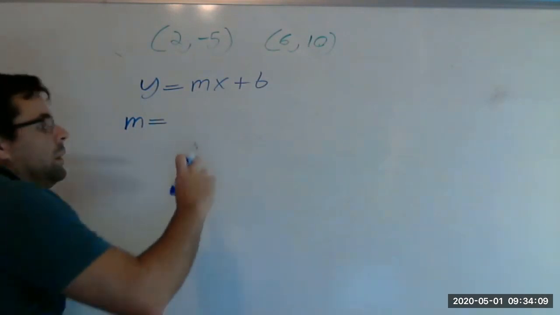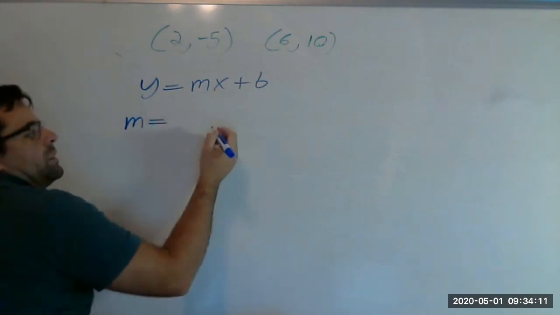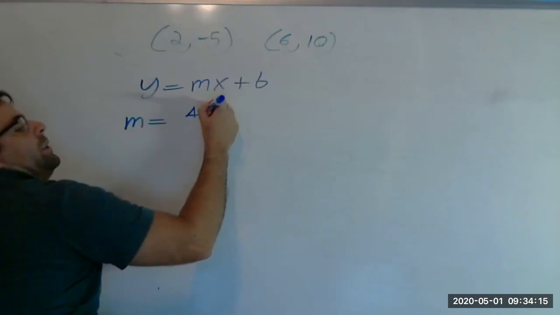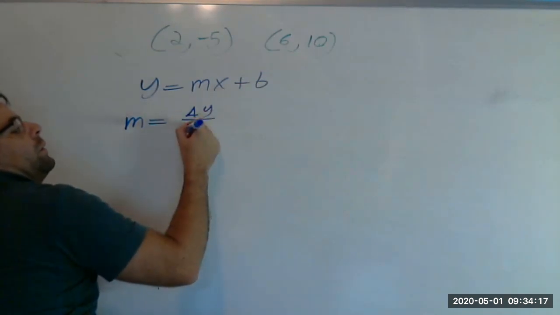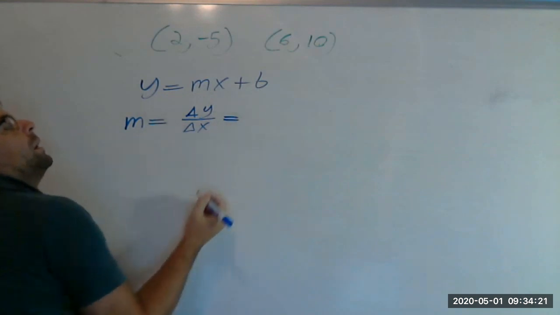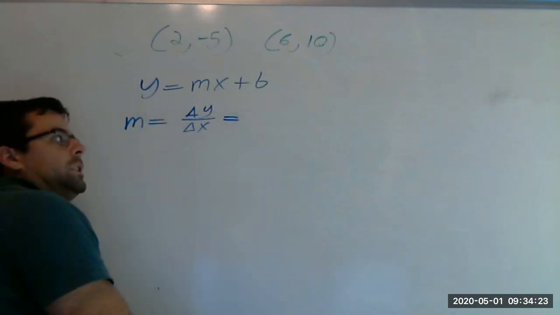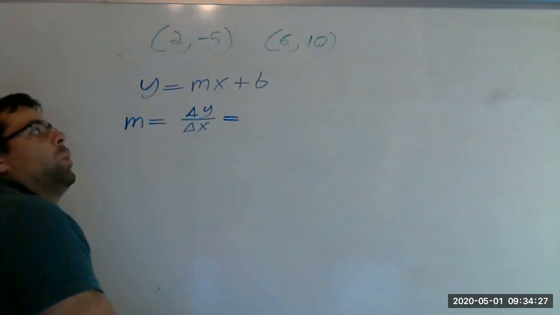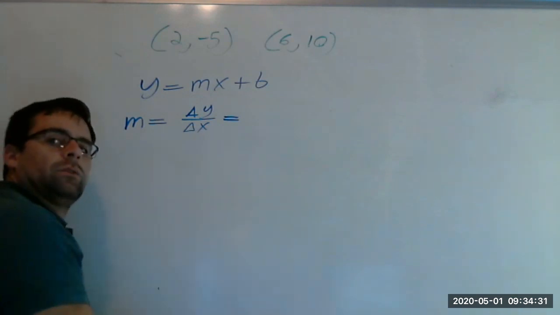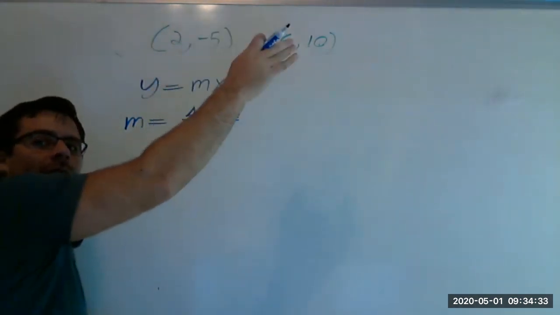So in the interest of time, M is the slope. So the slope is the change in the y over the change in the x. How much does the y variable or y component change from this point to this point?